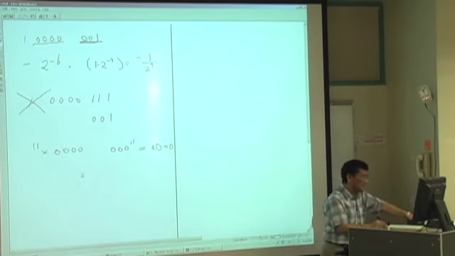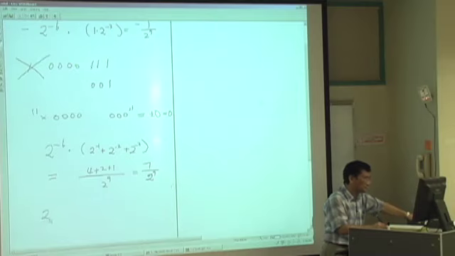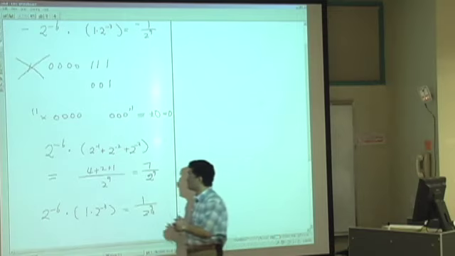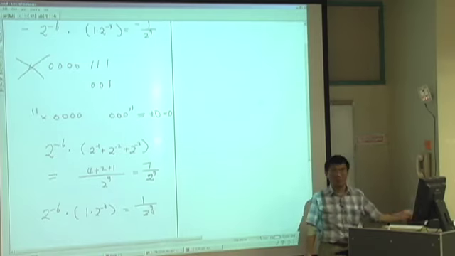Then the maximum number is... and minimum number is... Any questions up to this point?